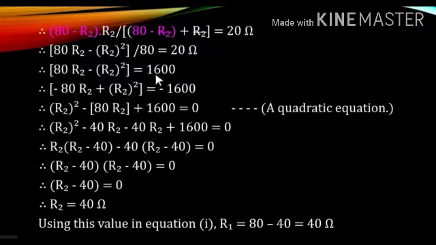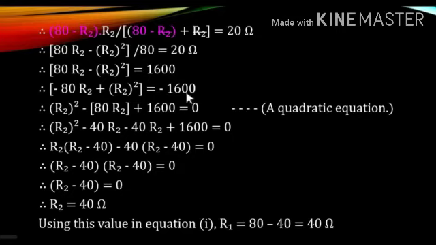Therefore, now in the next step we will change the signs of all the values so that we will get positive sign or plus sign in front of this R2 raised to 2, so that it will be equal to minus 80 R2 plus R2 raised to 2 is equal to minus 1600.